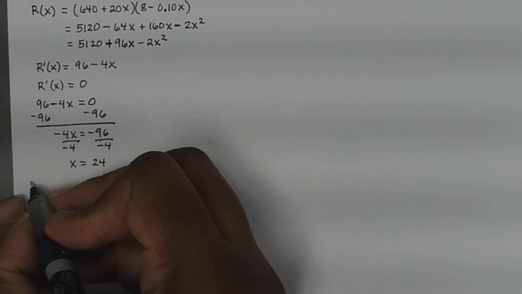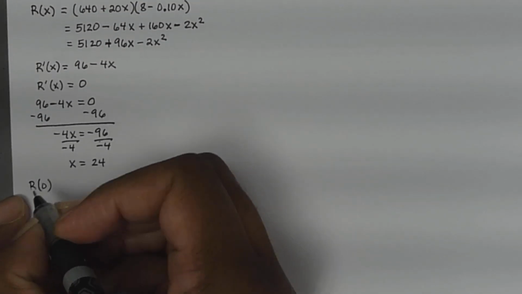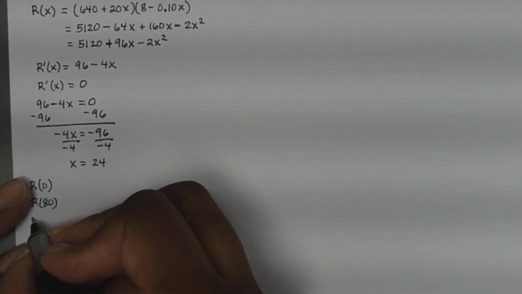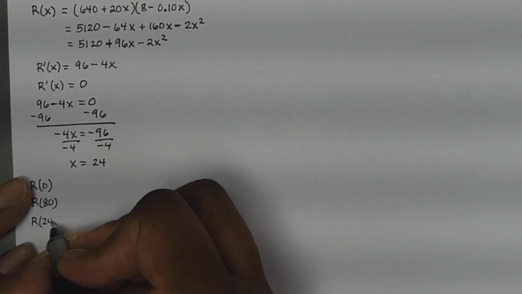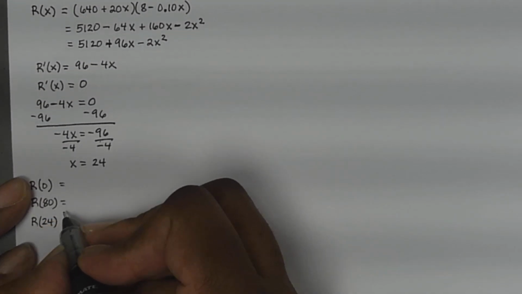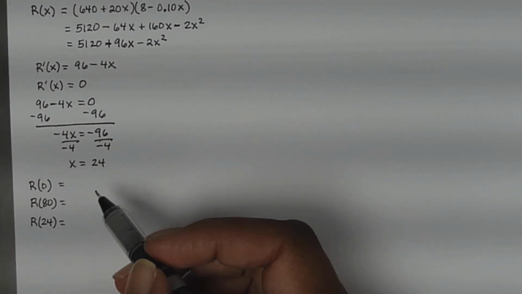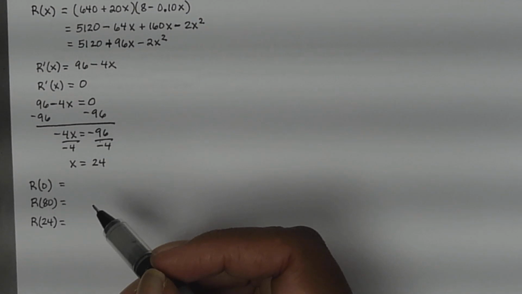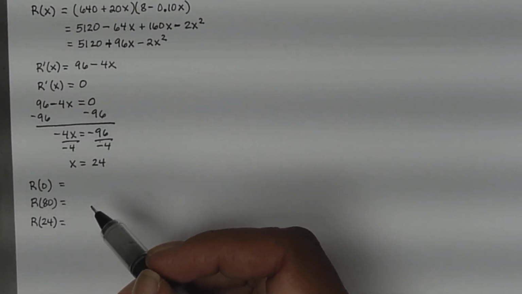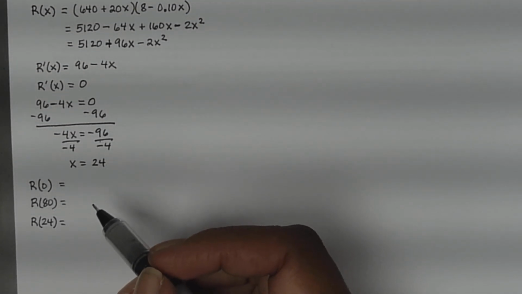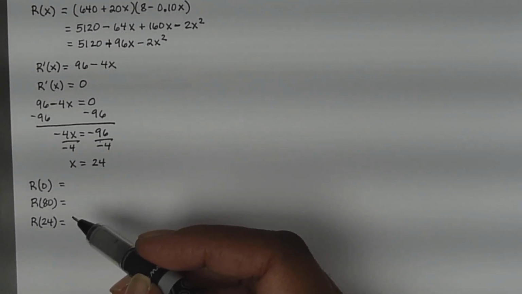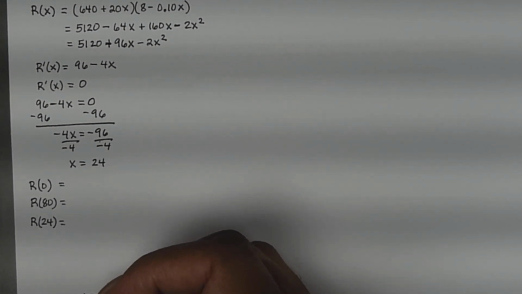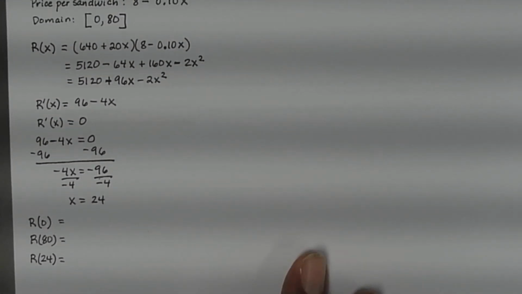We won't necessarily have to do the second derivative test here. If you recall back in one of the previous sections when we were dealing with absolute maximum and absolute minimum, when you're given an interval, you find out what the values are at your endpoints and at your critical numbers. That's what we're going to do here.